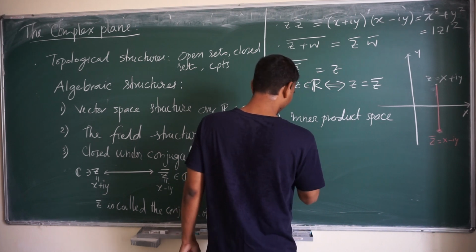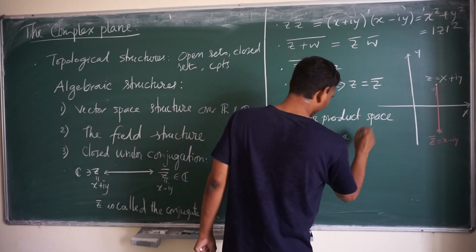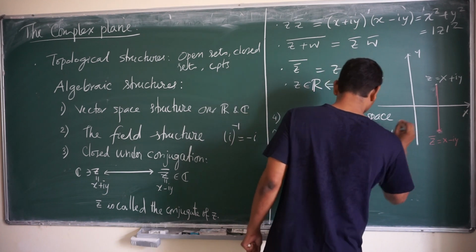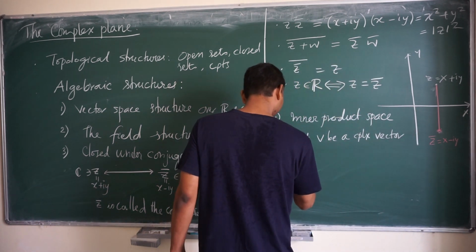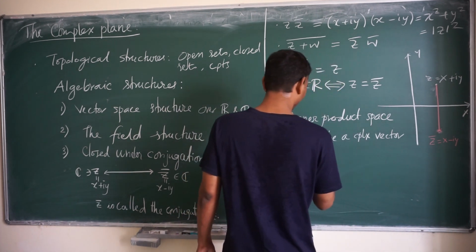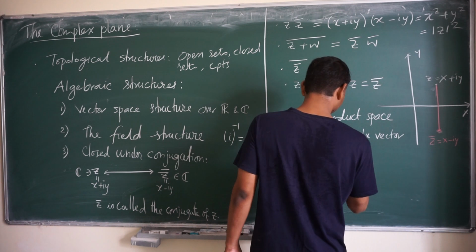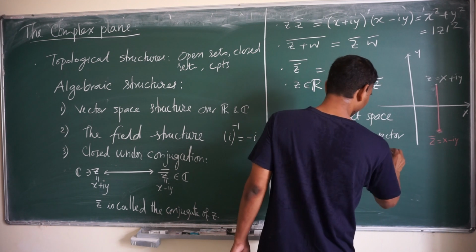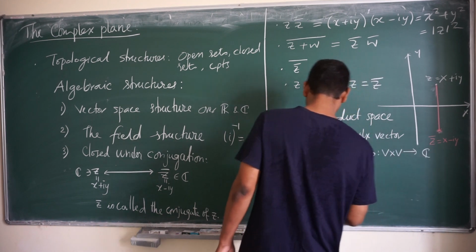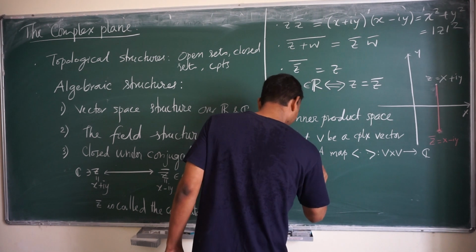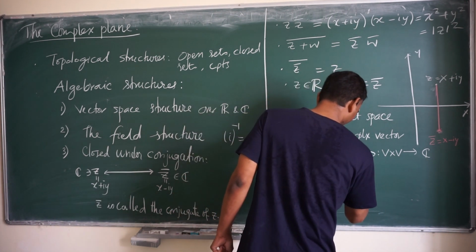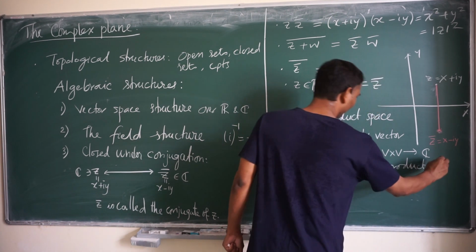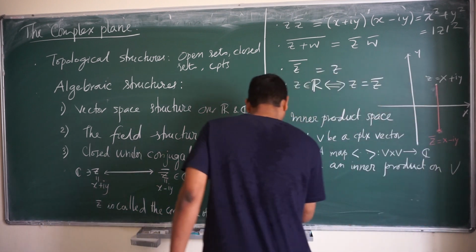Let V be a complex vector space, and a map from V cross V to C is called an inner product on V if the following holds.